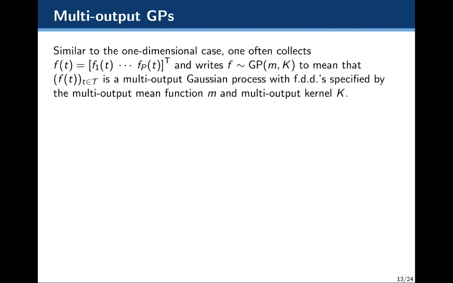So again, similar to the one-dimensional case, we can collect all these outputs into a vector, which we call f of t, and we write that f is drawn from a GP with mean m and kernel k. But this kernel again, we consider it a multi-output kernel.